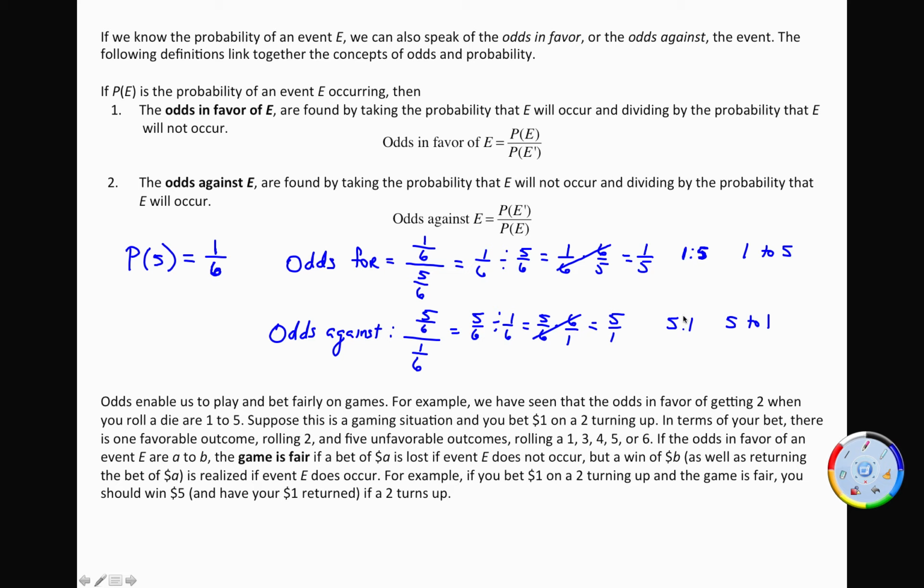So if I were talking about the odds against rolling an even number, well, how many ways can I roll an even number compared to how many ways can I not roll an even number? So 1 to 1, just like in any fraction, it has to be simplified. Also notice that I keep the 1 in the odds because odds is a comparison of two quantities. So I want to keep that 1. I would never say the odds against something is 5. It's 5 to 1.